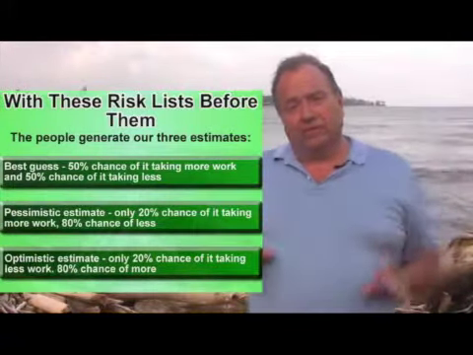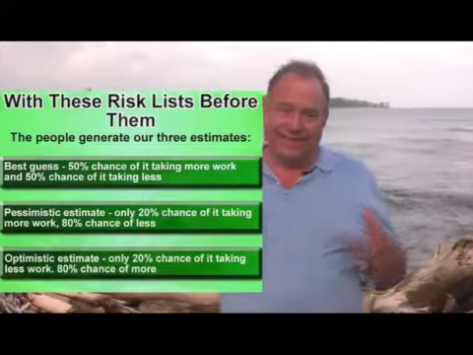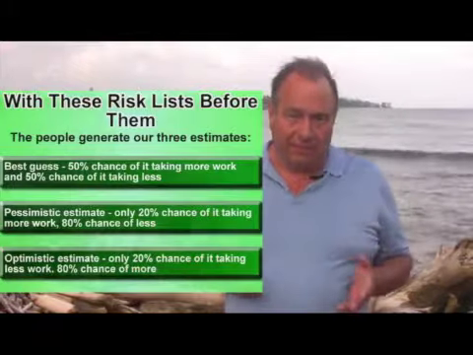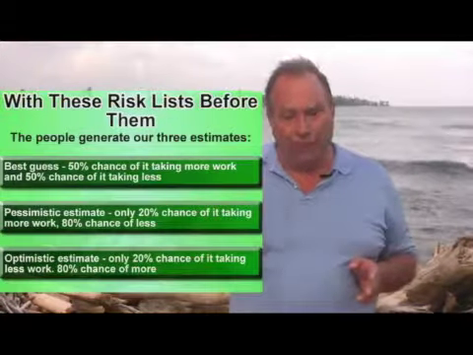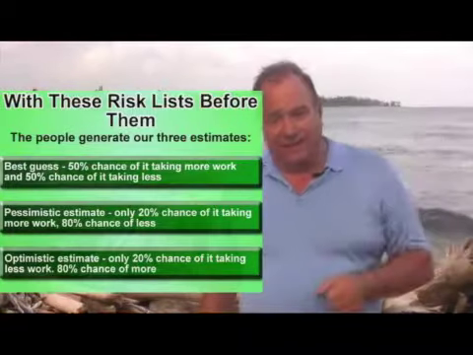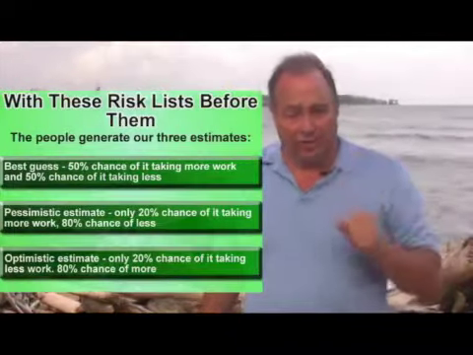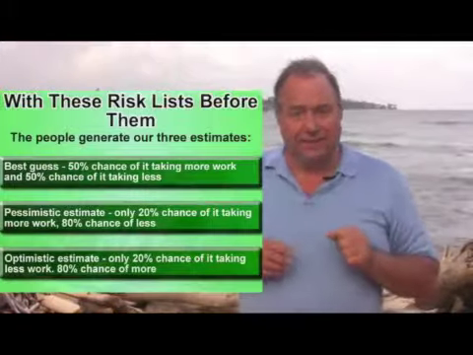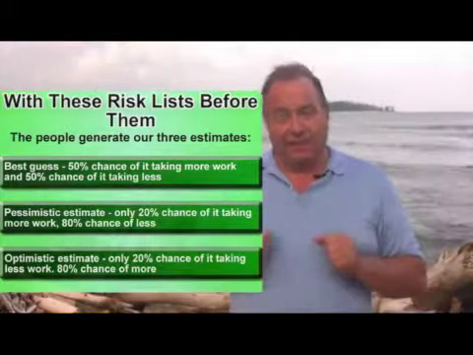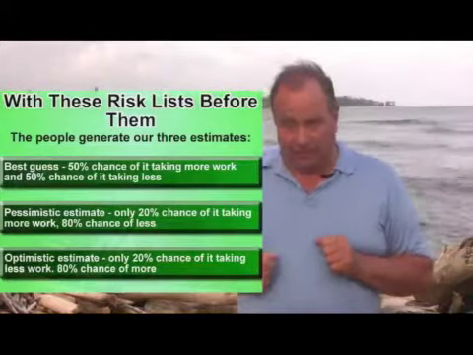And there are instructions about how you detail those numbers to your team members, but they come up with 3 numbers. So they might have something like a best guess estimate of 100 hours, an optimistic estimate of 80 hours, and a pessimistic estimate of 150 hours.